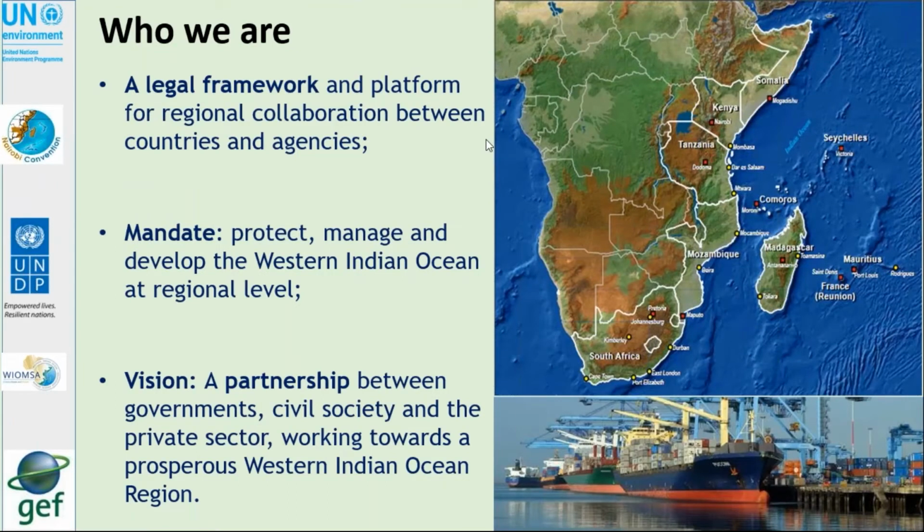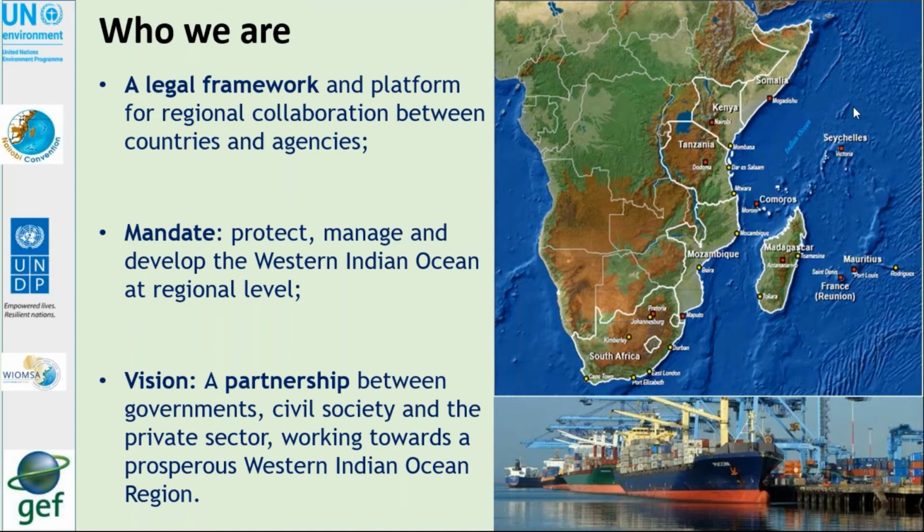Right, so the Nairobi Convention is a legal framework and platform for regional collaboration between countries and agencies. It covers 10 countries in the Western Indian Ocean, as shown on the map on the right-hand side there. The mandate of the convention is to protect, manage, and develop the Western Indian Ocean at the regional level.